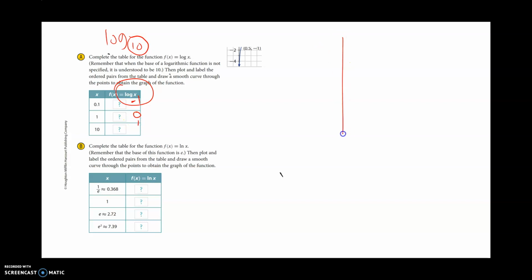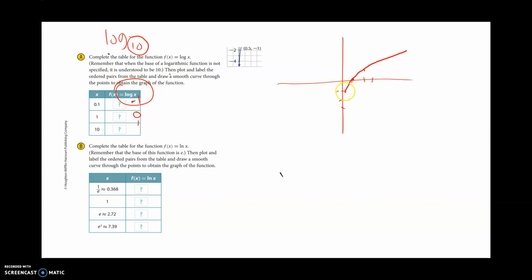So if we graph that roughly, 0.1 is -1. 1 is 0. So right now we have a graph that looks like this.